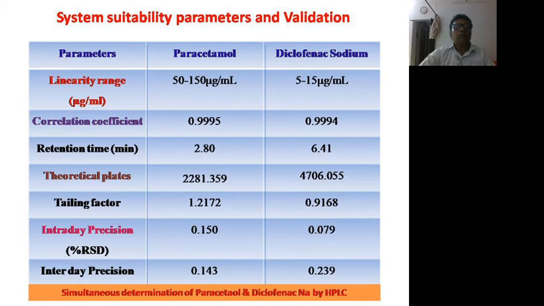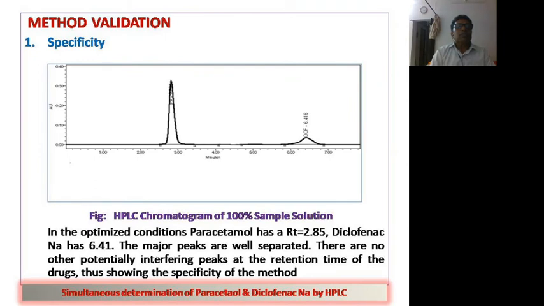All the values mentioned in this table are within the range. So, my method is suitable for the particular system and the system has adapted my method for the analysis of the analytes.